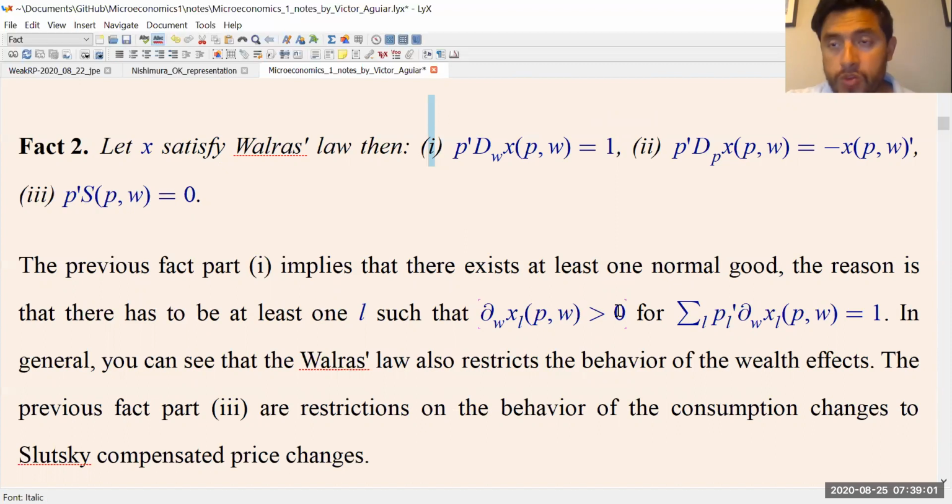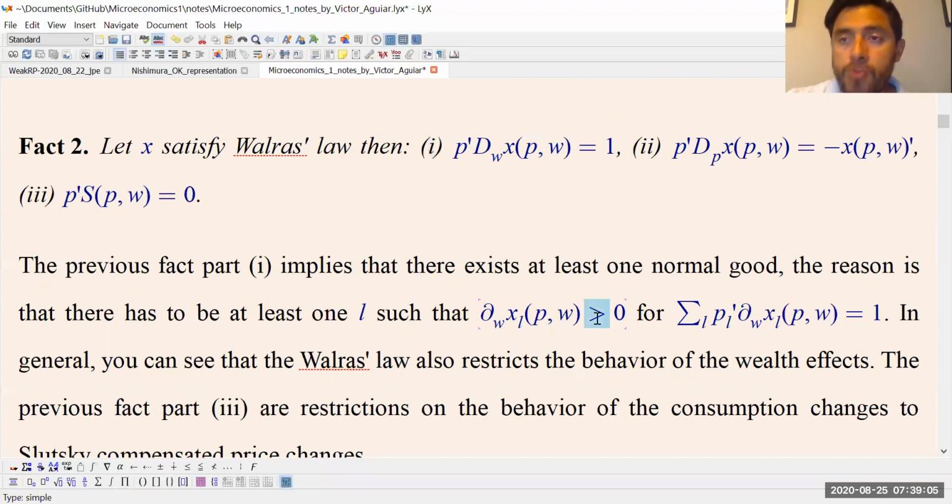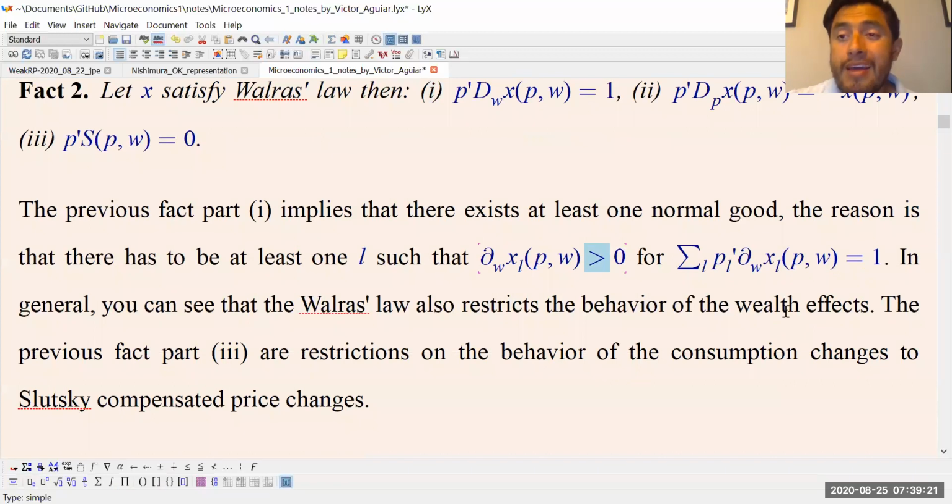An inferior good, which is the opposite of a normal good, will have this derivative with the opposite sign, negative. So the fact that, written in scalar terms, the multiplication of the income effects times prices is equal to 1 means that at least some of these derivatives has to be positive, right? So the Walras law is telling me that at least one of the goods has to be a normal good, okay?